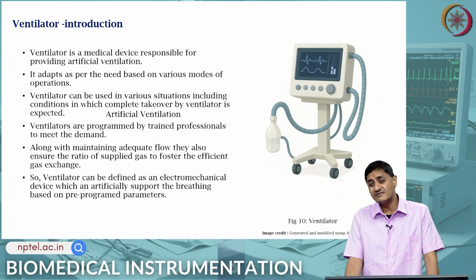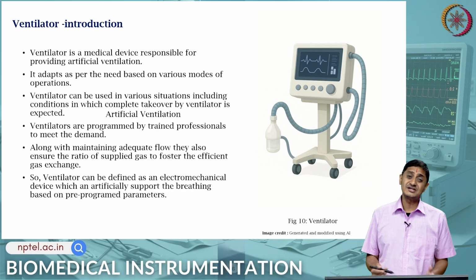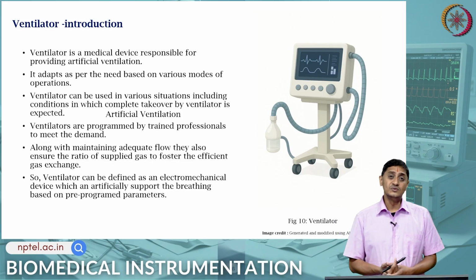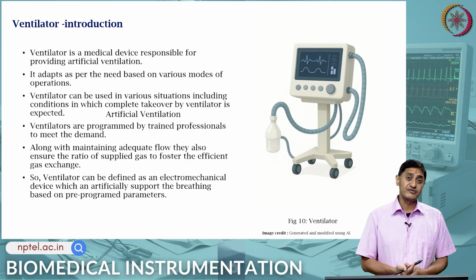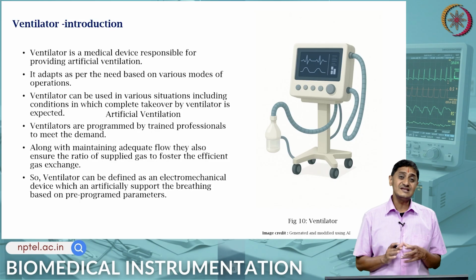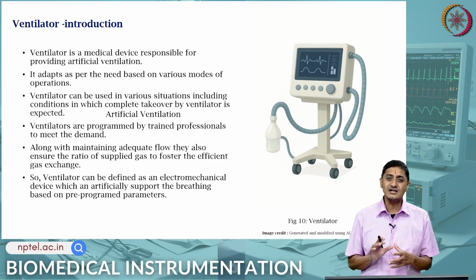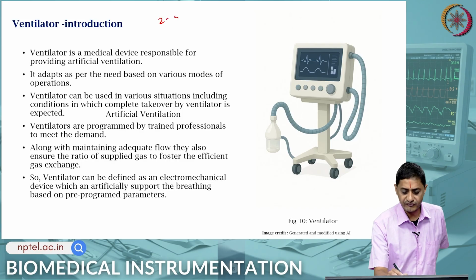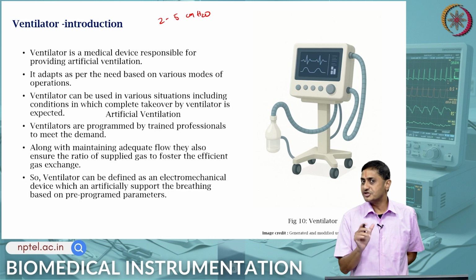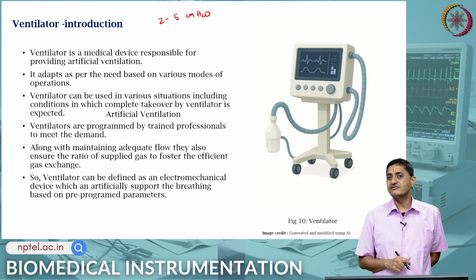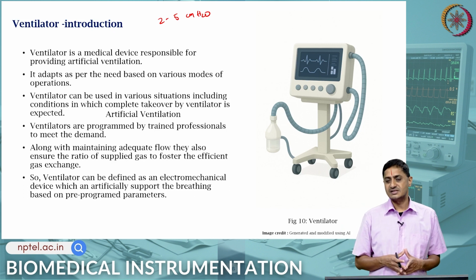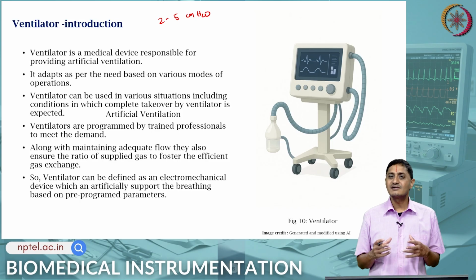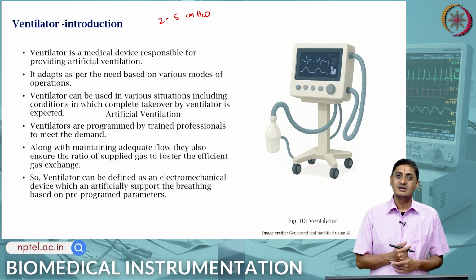How is natural ventilation happening? Well, natural ventilation is happening due to the contraction of the diaphragm muscle, which essentially creates a negative intrathoracic pressure of the order of 2 to 5 centimeter water. So much negative intrathoracic pressure is created by the contraction of the diaphragm.